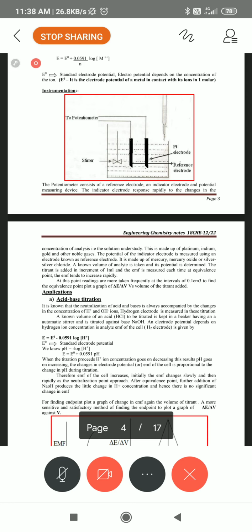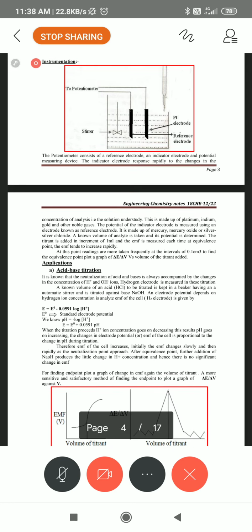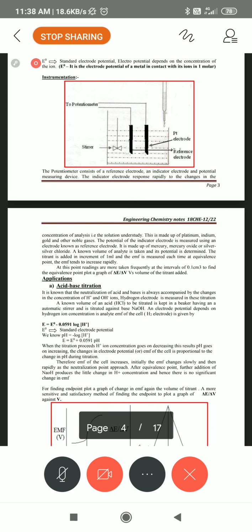The fifth column is delta E by delta V. That is 120 at the start, by 0.5 ml. So 120 by 0.5, you get 240. Like that, the value of delta E becomes doubled because delta V is 0.5.